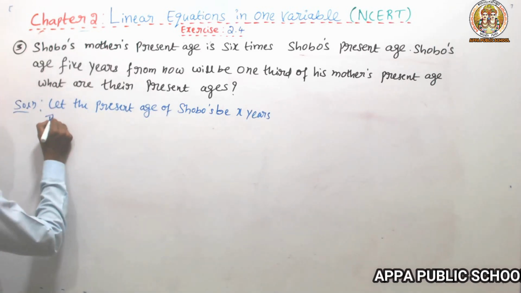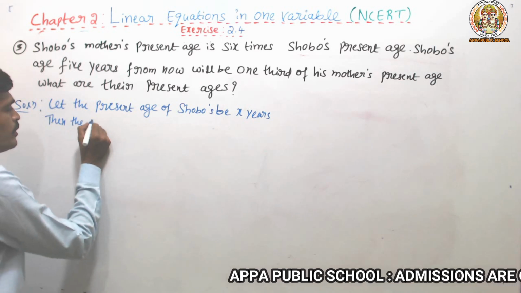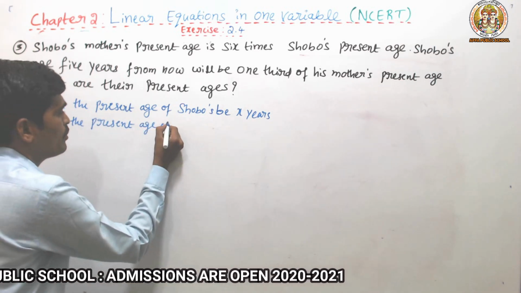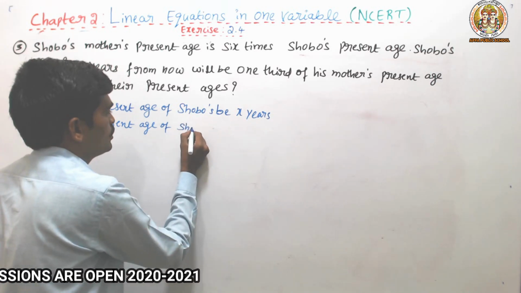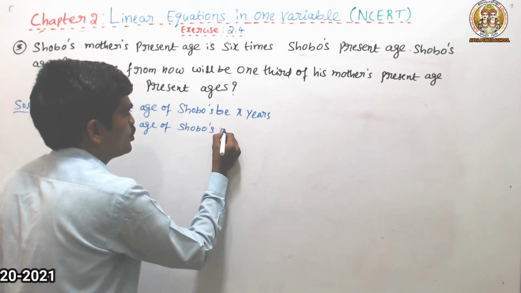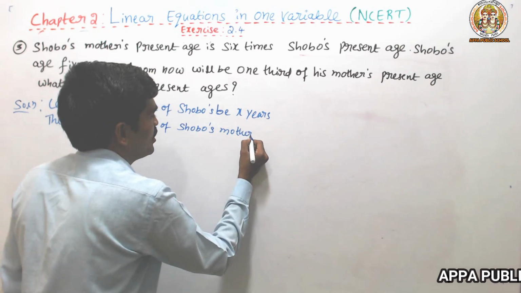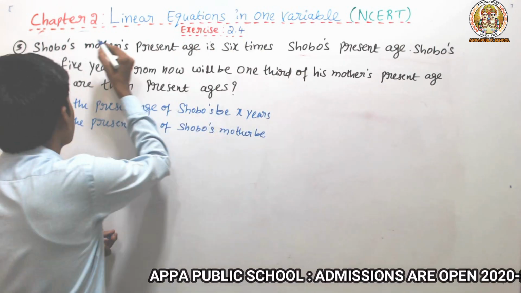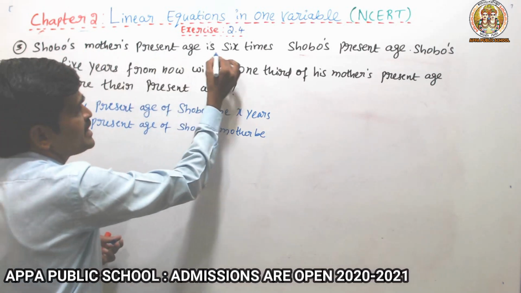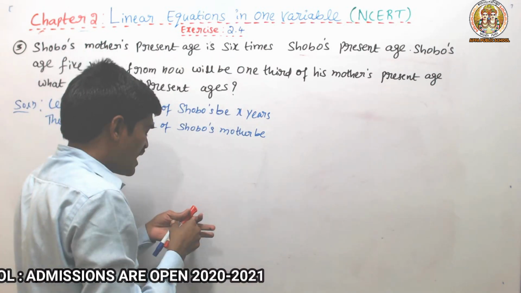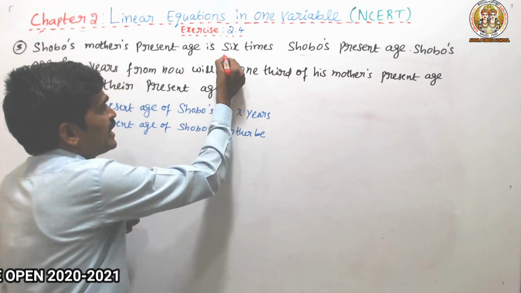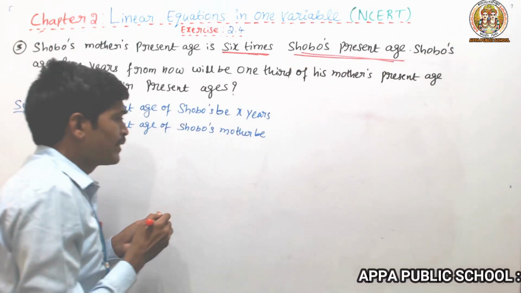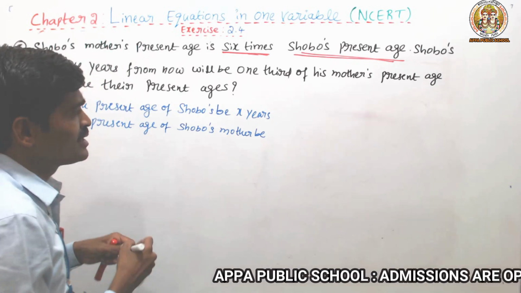Then the present age of Shobo's mother be... They have given in the statement that Shobo's mother's present age is 6 times Shobo's present age, 6 times of Shobo's present age. So Shobo's mother be 6x.